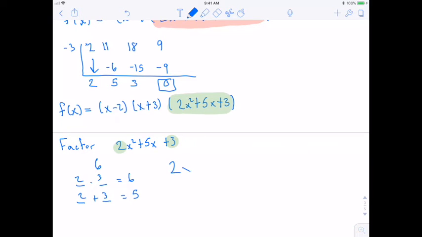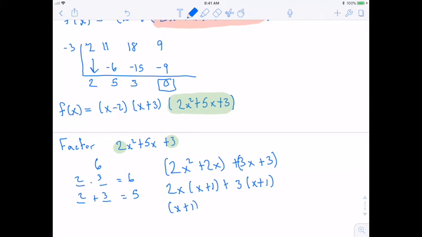So we rewrite this to be 2x squared plus 2x plus 3x plus 3. Group them together. Pull out common terms. And now that we have the same thing inside the parentheses, we can factor that out.